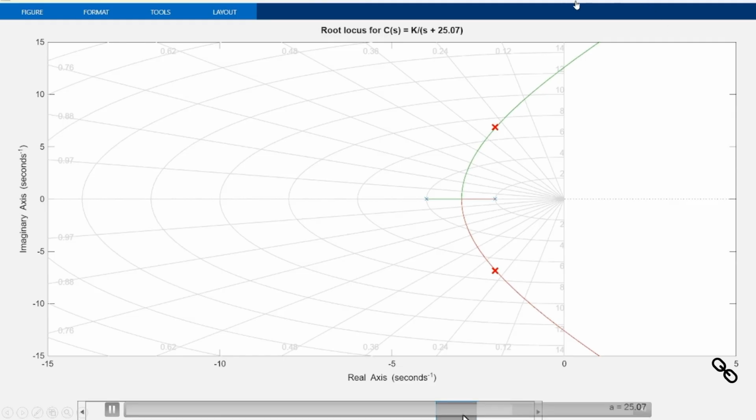So, we can come up with this 25.07 approximately. At this value the root locus does pass through that point.